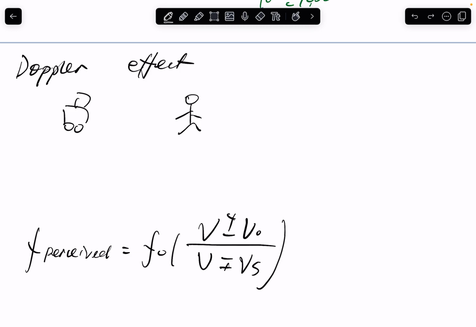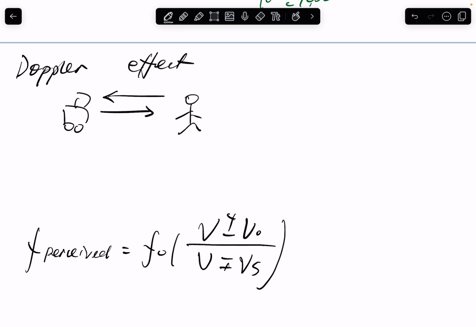Now let's talk about common sense. If the observer is approaching the car, no matter which one is moving, they are getting closer to each other. Using your real life experience, if you walk towards a police car or a fire truck, does the pitch of the sound go up or down?